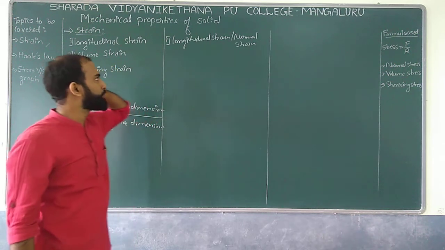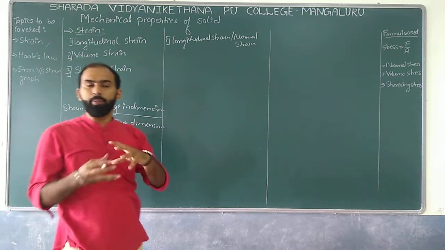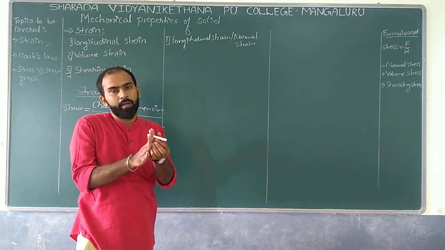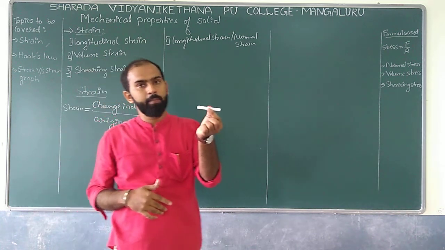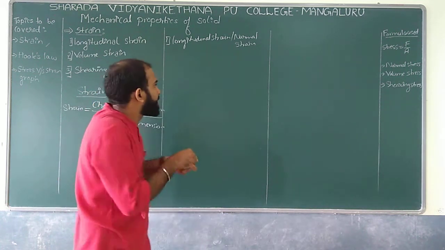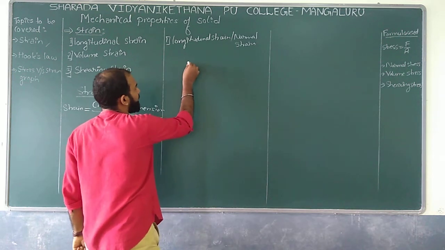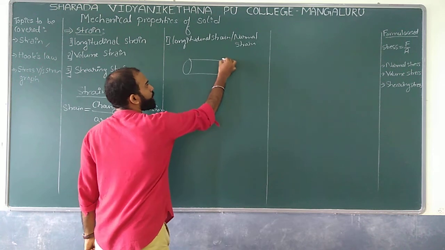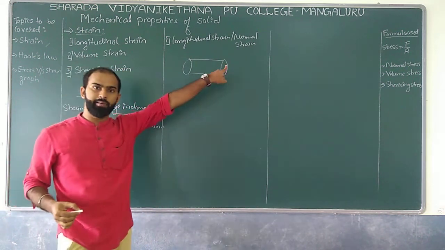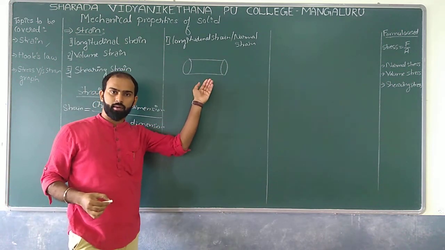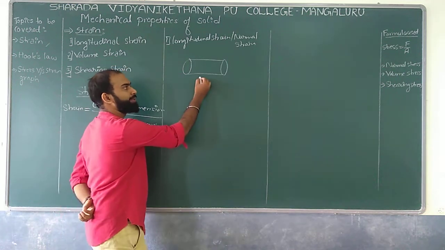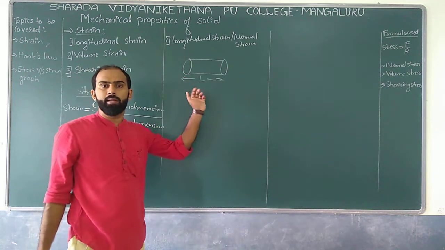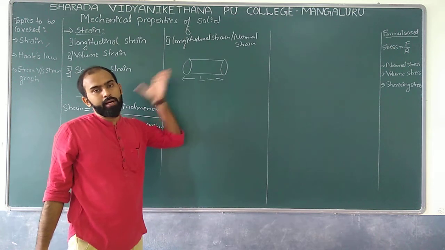Don't get confused. You are supposed to apply a deforming force normal to its area of cross section. For example, if I take a conductor, don't you think it has some area of cross section? Correct? The length of the wire, I take it as L. What do you mean by L? Length of the wire or length of a conductor.